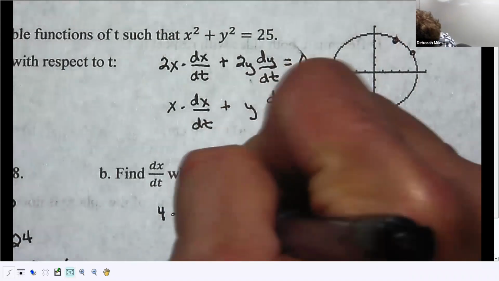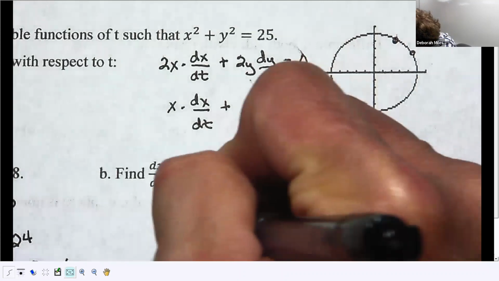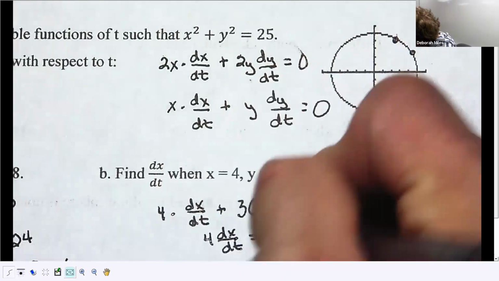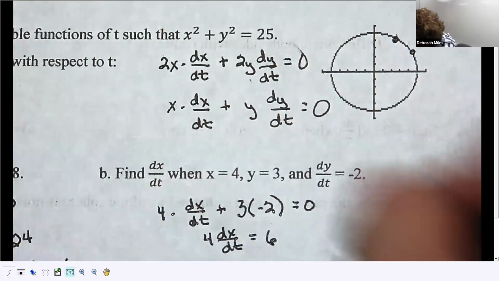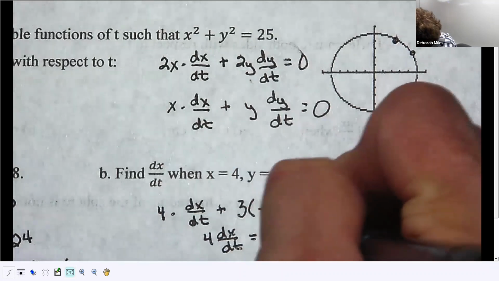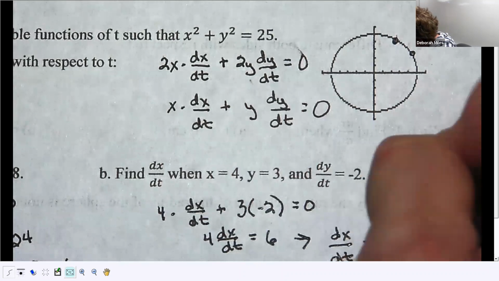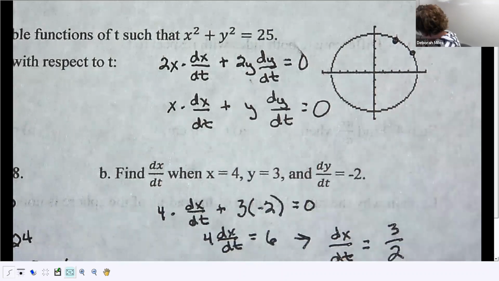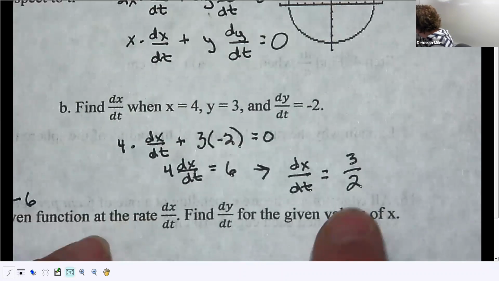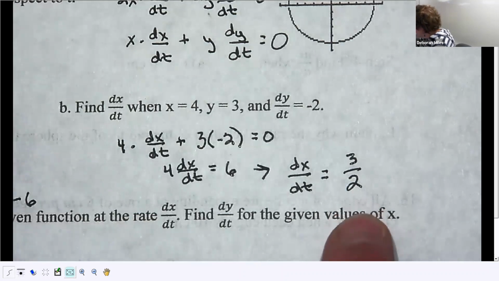I'm going to add 6 to both sides and divide both sides by 4. I get dx over dt is 3/2.